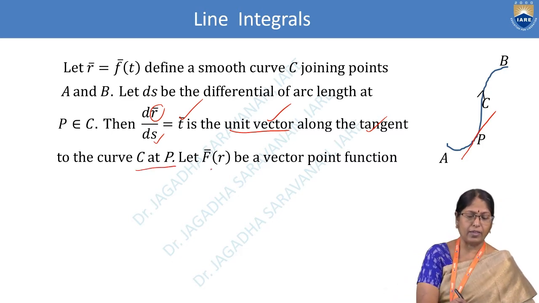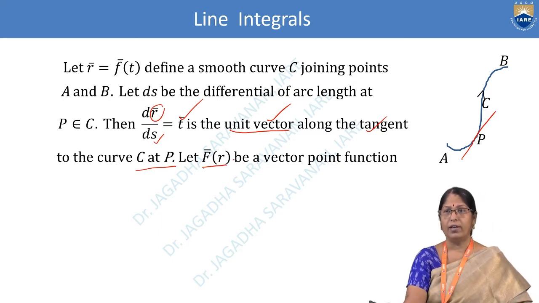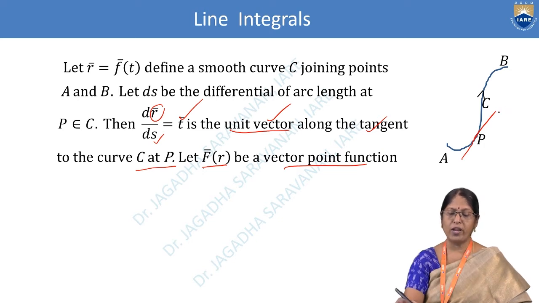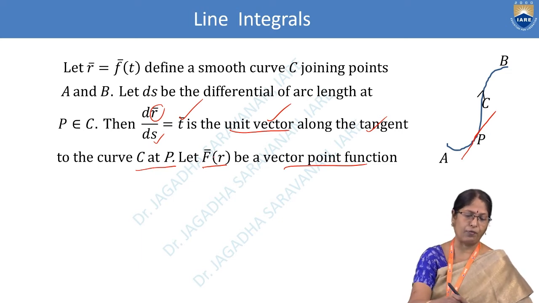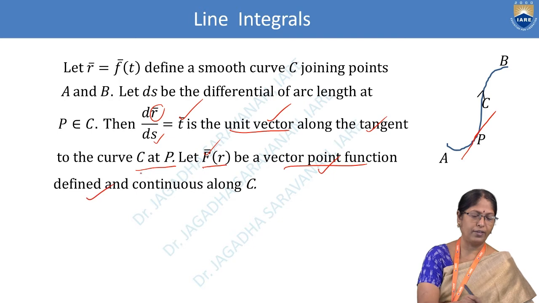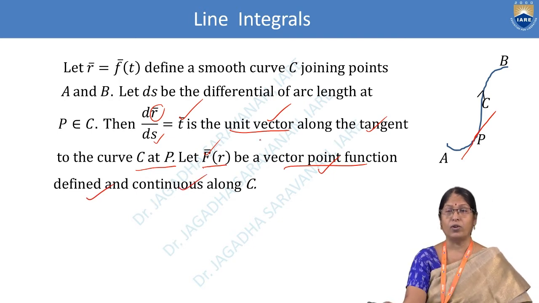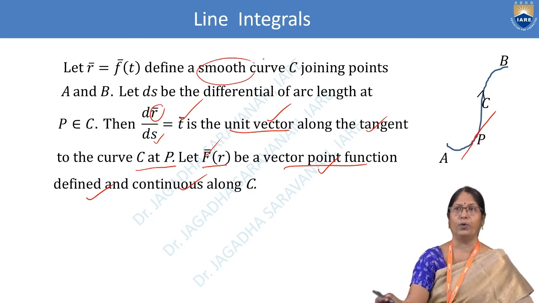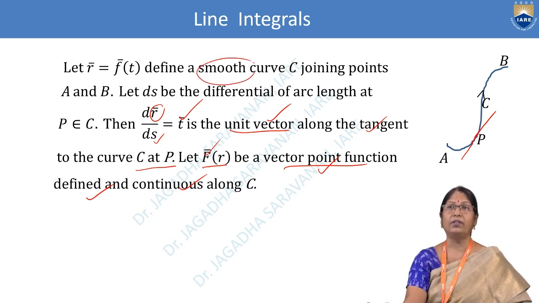Now let f bar of r be a vector point function. That is, to the point P, we associate some real numbers to the vector function, which is called a vector point function, defined and continuous along C. Because we know ours is a smooth curve, it is continuous and differentiable.